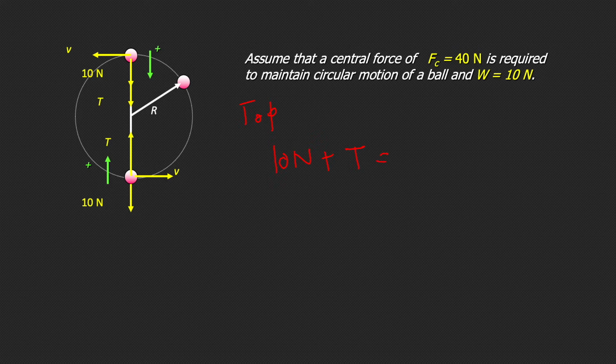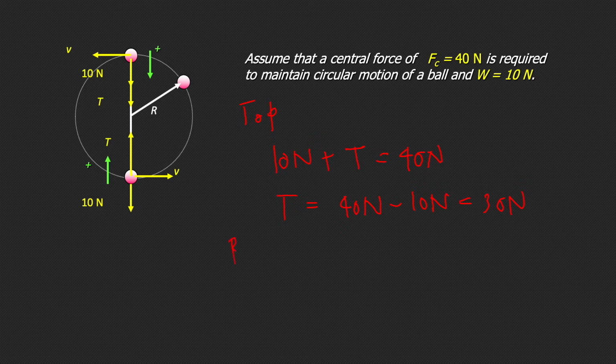So this is equal to 40 newtons, which is the centripetal force required to maintain the circular motion. For us to get T, T is just equal to 40 newtons minus 10 newtons, that is equal to 30 newtons. So the tension required for this ball to maintain its circular motion at the top will be 30 newtons.